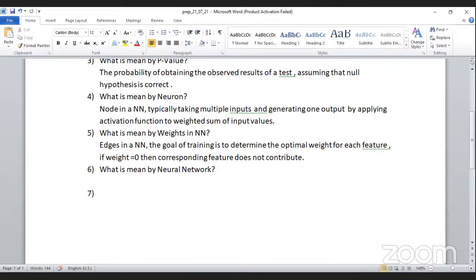Okay, so a neural network is a network or circuit of neurons, multiple neurons connected with different hidden layers. It is a technique which mimics the human brain.